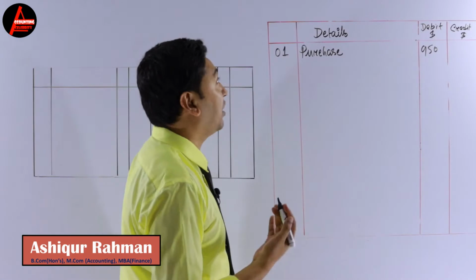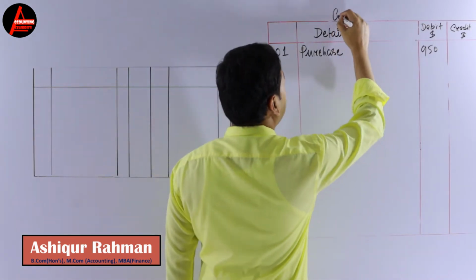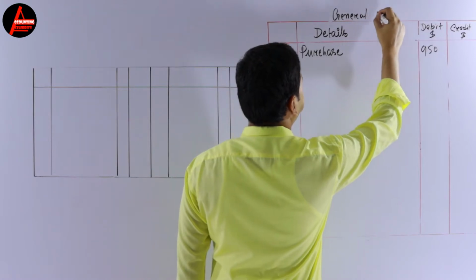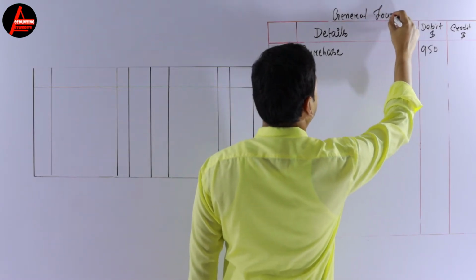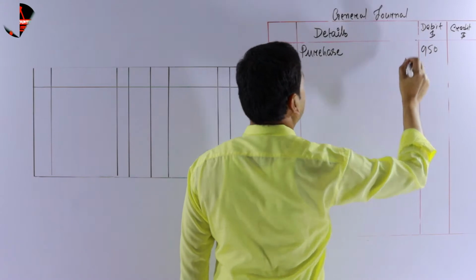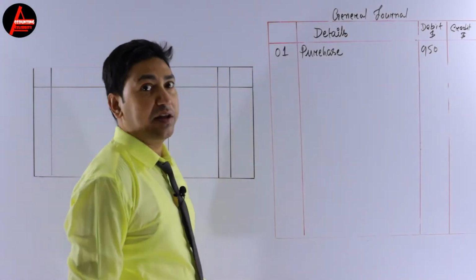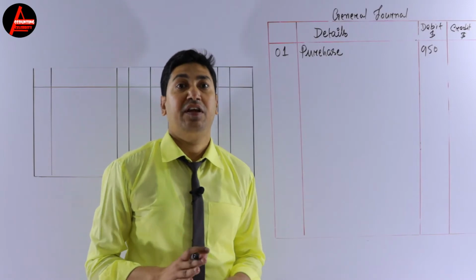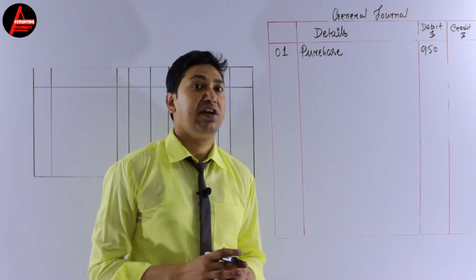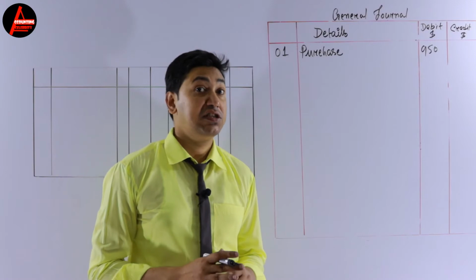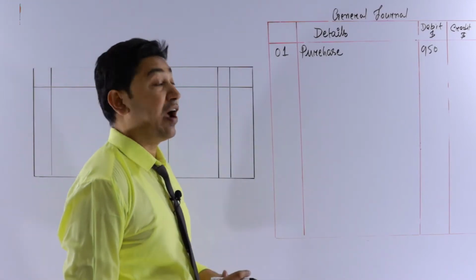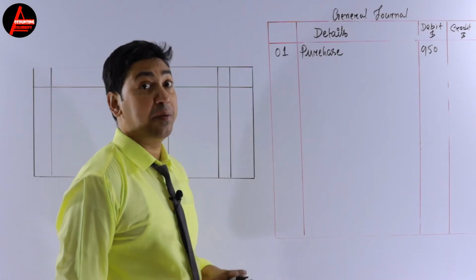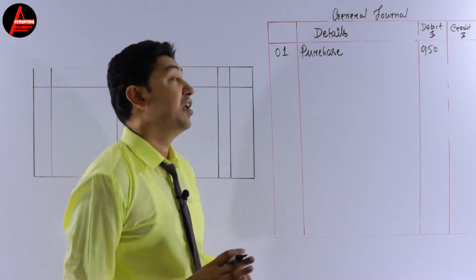Okay, by the way, we are doing general journal. Then what account to be credited? We have no other information given in the question in the transaction, so we will write the suspense account because we don't know where the mistake is.